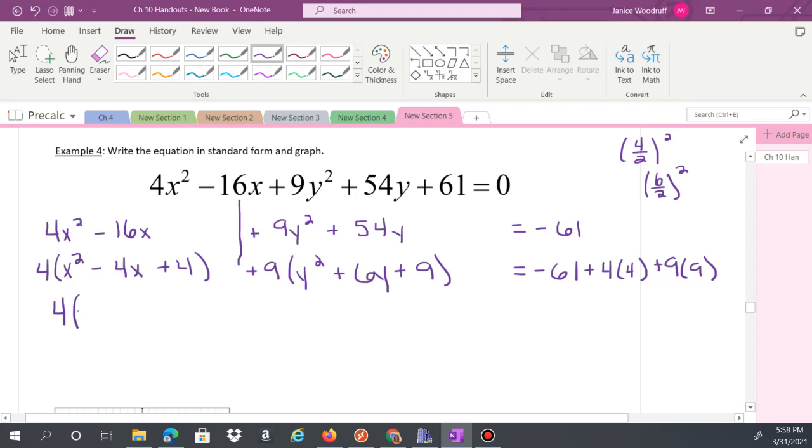X minus 2 squared. What's this factor to? Y squared plus 6y plus 9. Y plus 3. And then you've got negative 61 plus 16 plus 81.